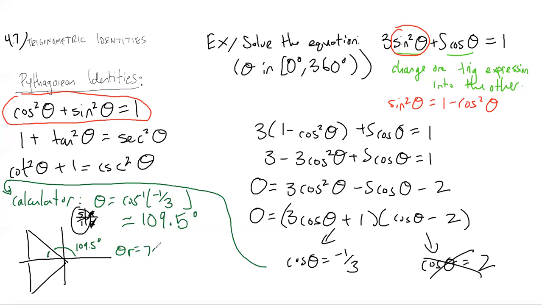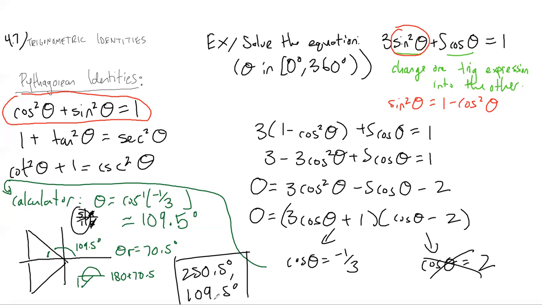So that'll be 70.5 degrees. And that tells me that the second solution should be 180 plus 70.5, which is 250.5 degrees. And then we get the 2 solutions, 109.5 degrees and 250.5 degrees. So we can now solve this equation that's got a mixture of trig in it.